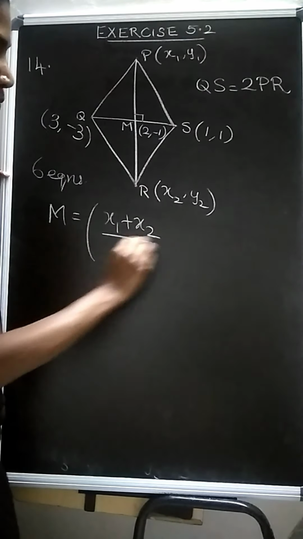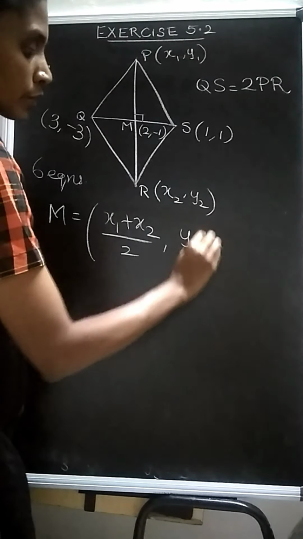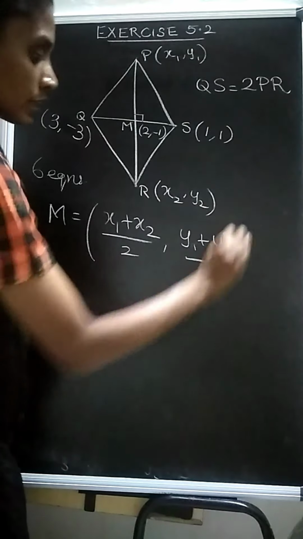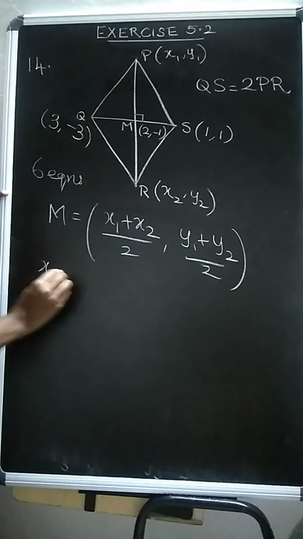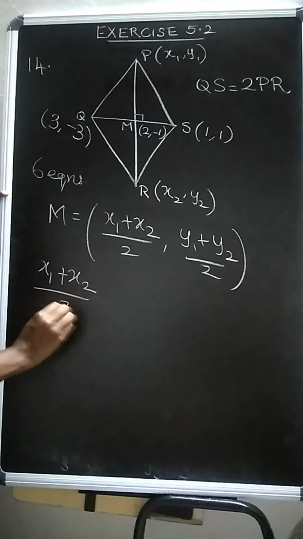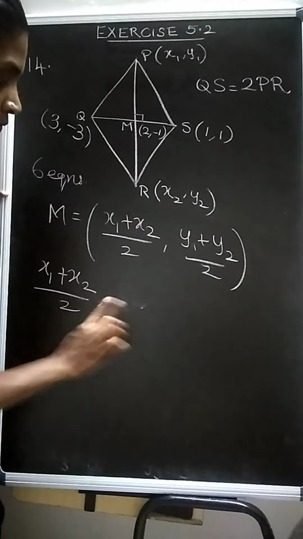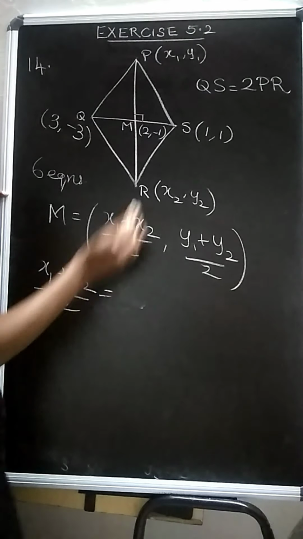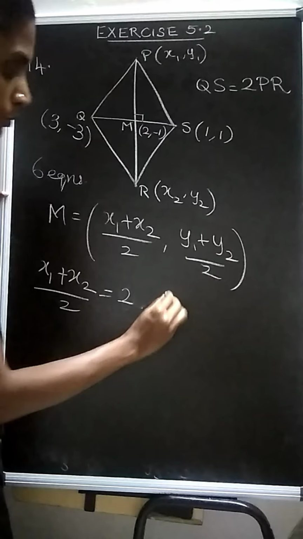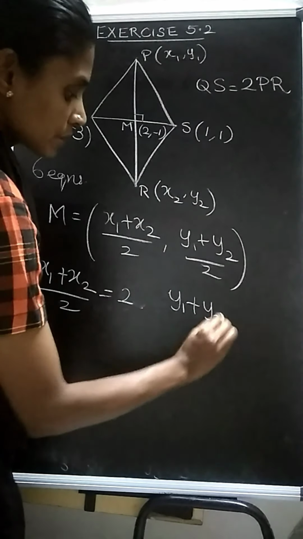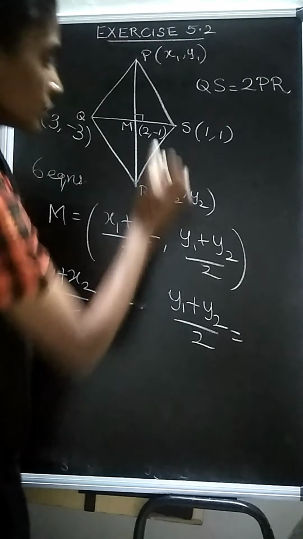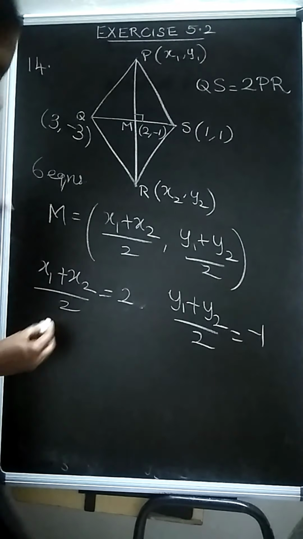Now for PR, (x1 plus x2 by 2, y1 plus y2 by 2) is equal to (2, -1).